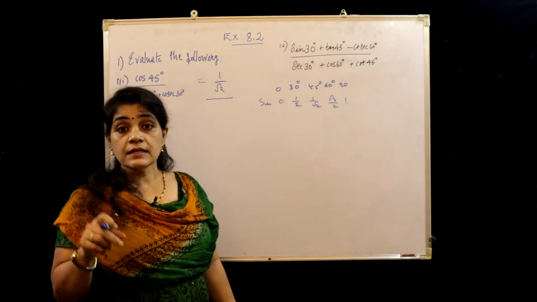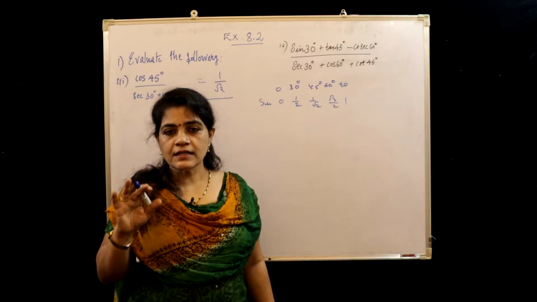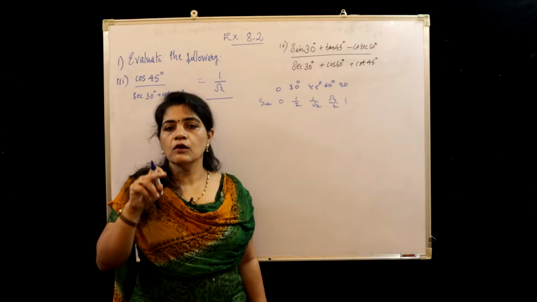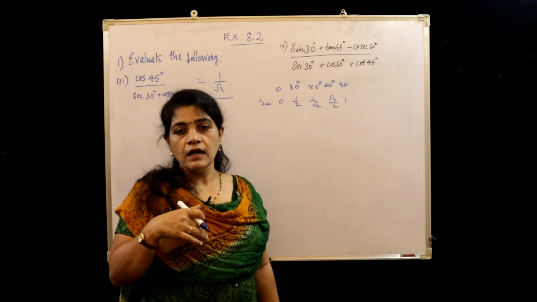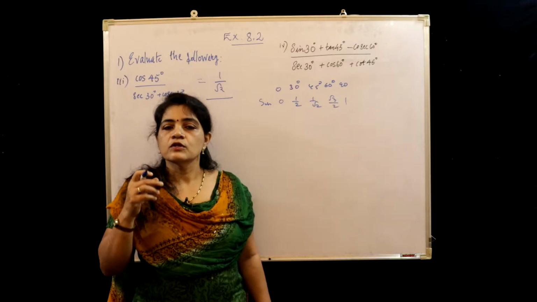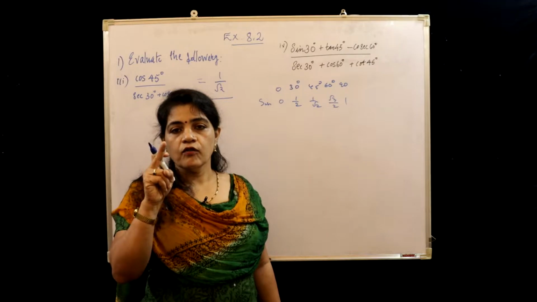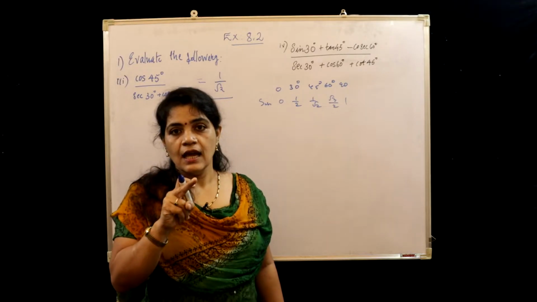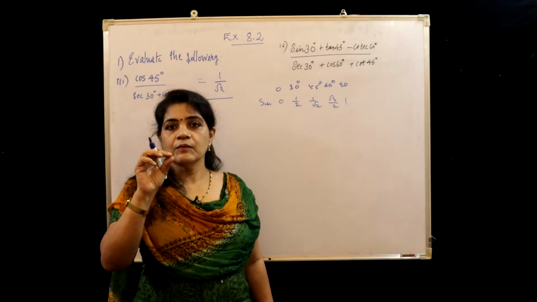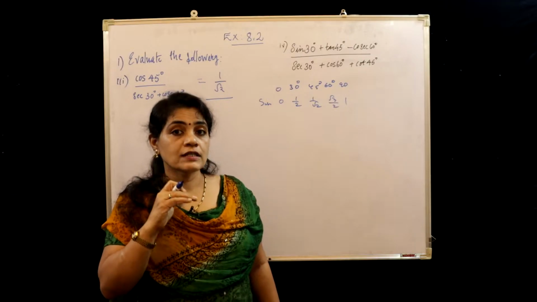Sec 30, children, is the reciprocal of cos 30. Okay, in the reciprocal relation, 1 by sec theta equals cos theta, or 1 by cos theta is sec theta. So in order to get the value of sec 30, you think of what is cos 30, and cos 30 equals sine 60, because 30 plus 60 is 90, a complementary relation between cos and sine.